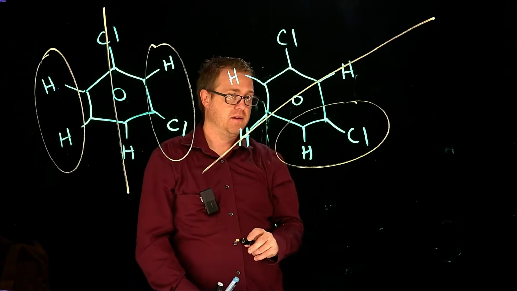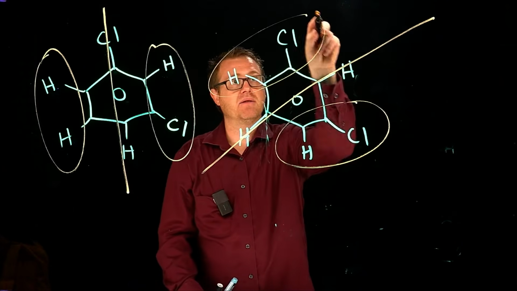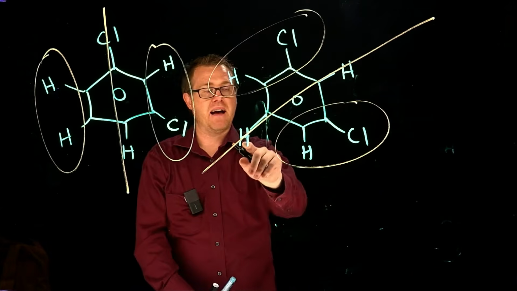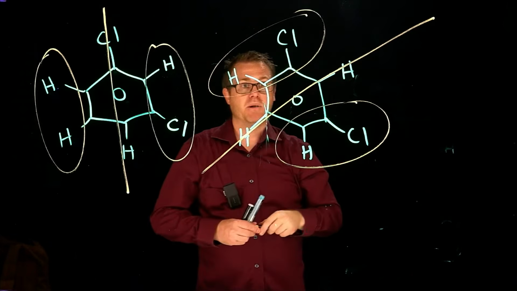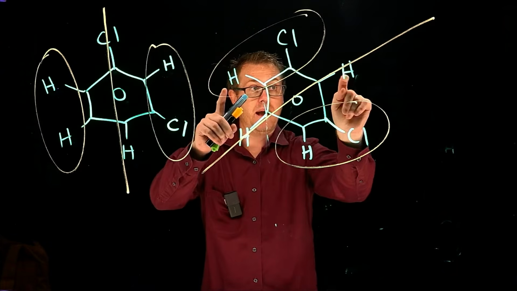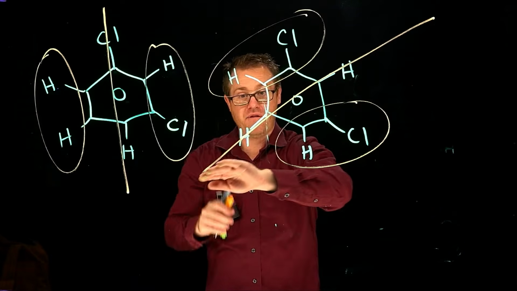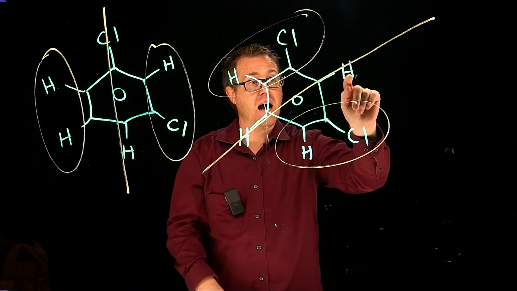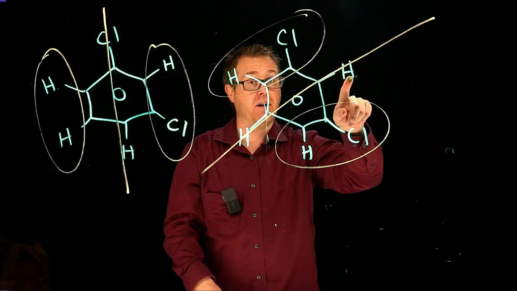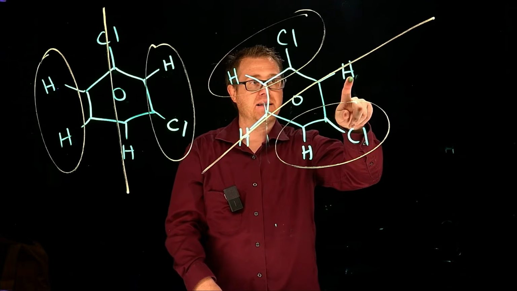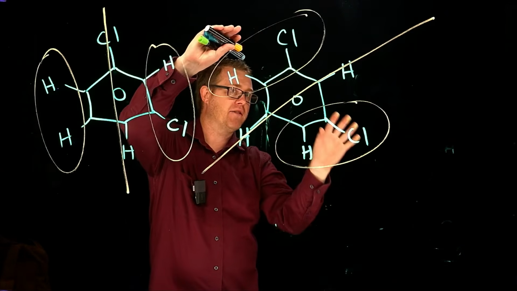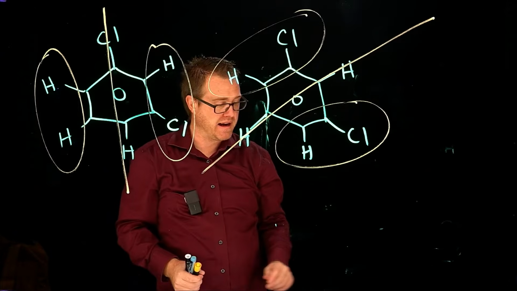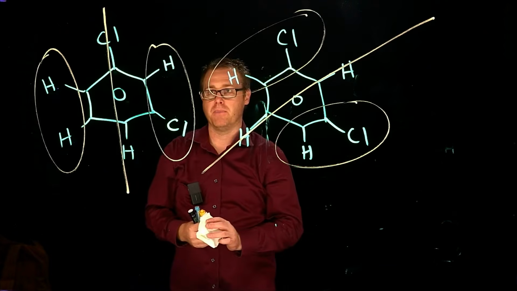This side is identical to that side. This proton split in half, that proton split in half. But you remember what I said when you're comparing 2 protons and you find a plane of symmetry? You cannot cut the atom of interest in half. They have to be whole atoms on either side of the plane. So that's not the correct plane of symmetry we're looking for.